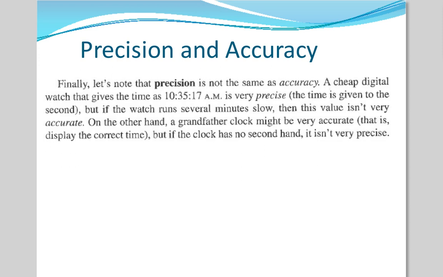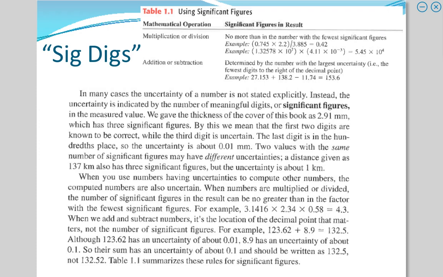Like maybe my ruler stick spent some time out in the hot sun and it warped and it's no longer a proper centimeter. So then it's not accurate. Even though my ruler is quite precise, I can get to at least 2 decimal places, it might not be accurate because maybe it was out in the sun getting boiled and it warped. So there is a difference between precision and accuracy, and I think that's enough.